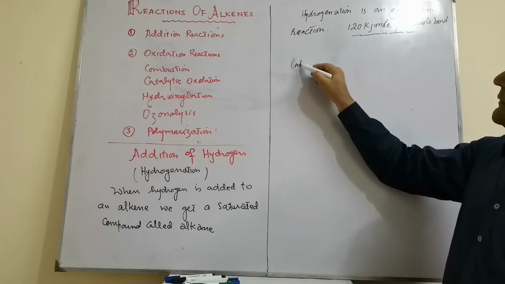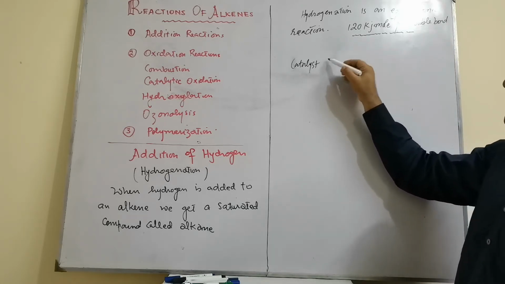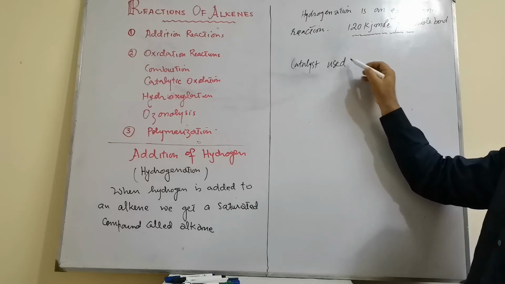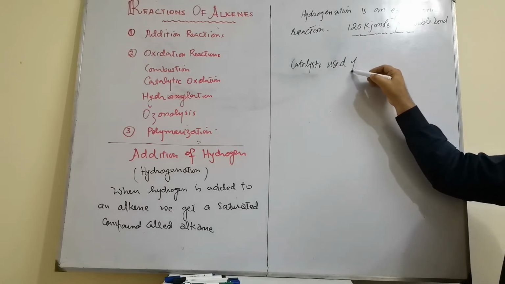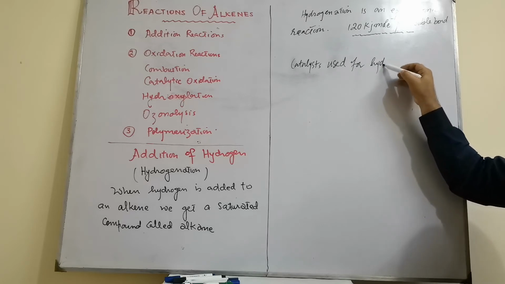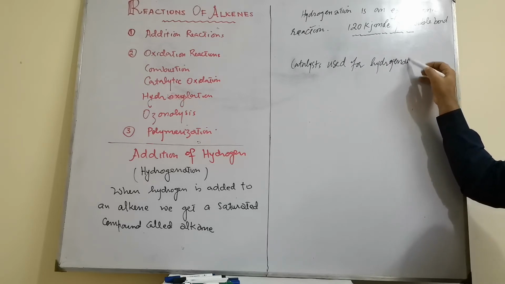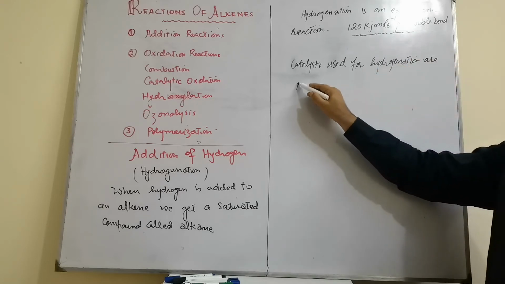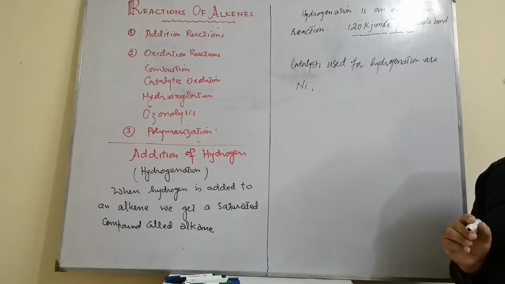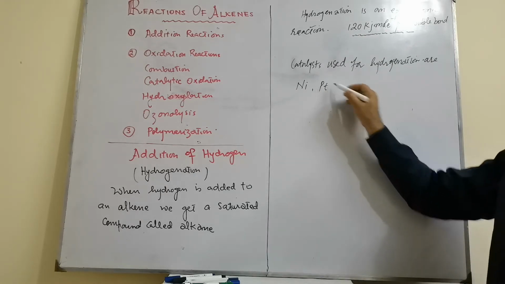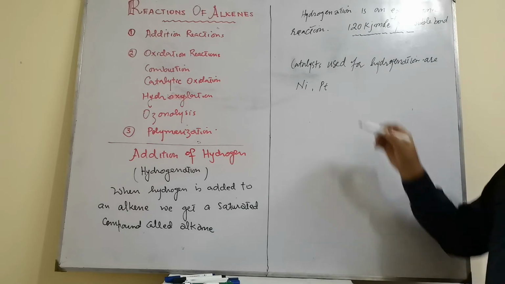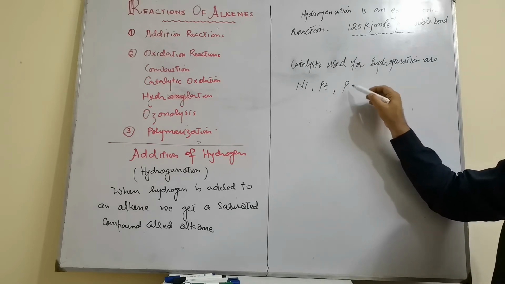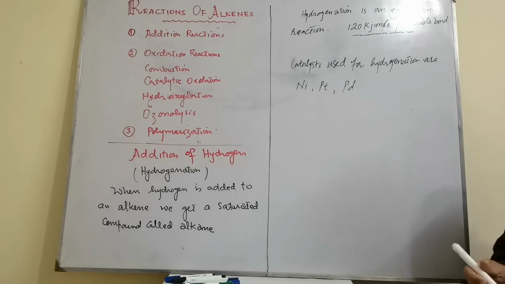The catalysts used for hydrogenation are, first one we will discuss nickel and how it is used, and then platinum and why it is not frequently used, and in the last we will say we can also use palladium as a catalyst as far as hydrogenation is concerned.